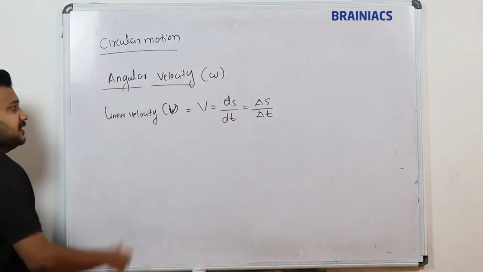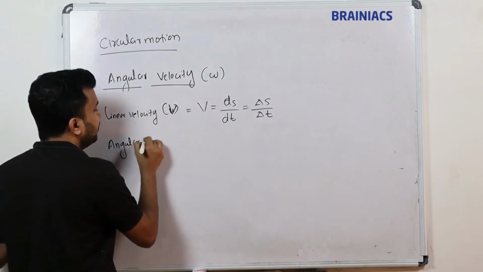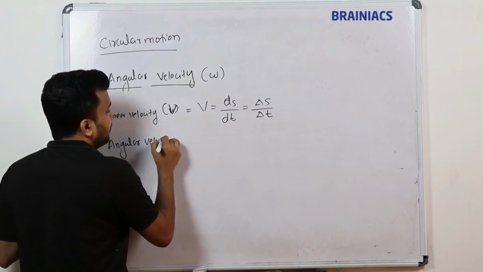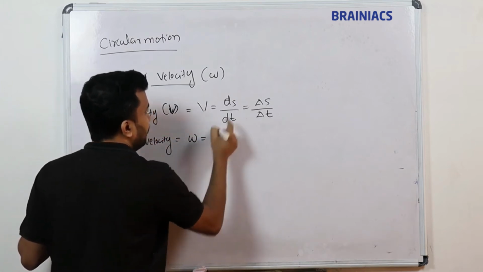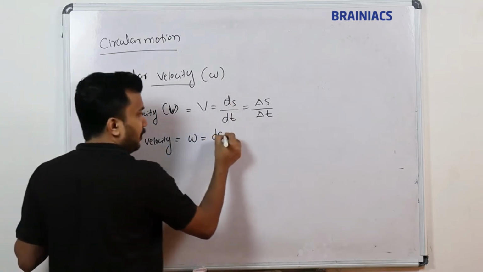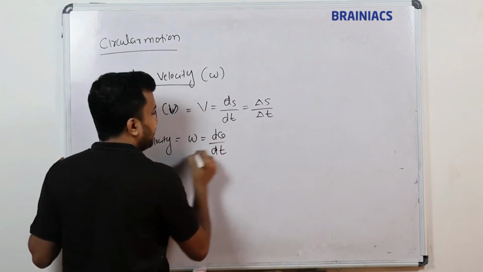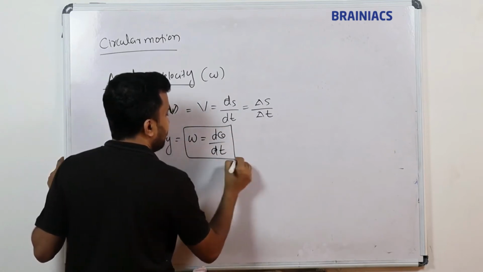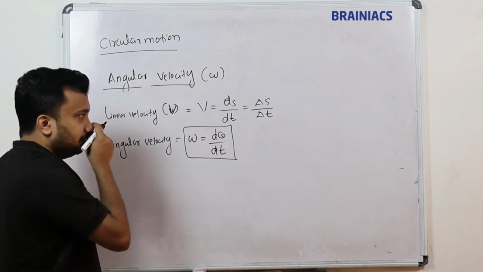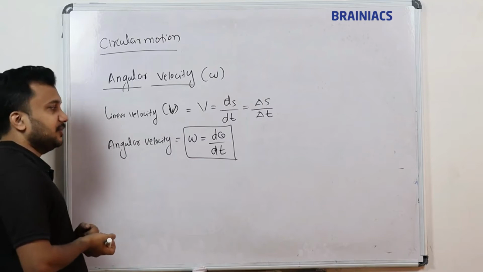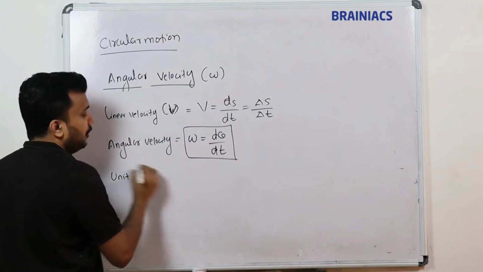In the same way, here we call it angular velocity. Angular velocity is represented as omega, which is equal to, instead of s, what will come? You know now, right? Theta. So d theta by dt. This is the representation of angular velocity. Now we know what angular velocity is, so what is its unit?